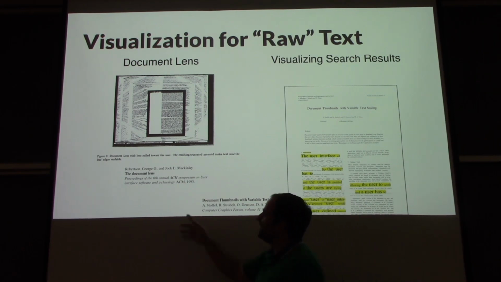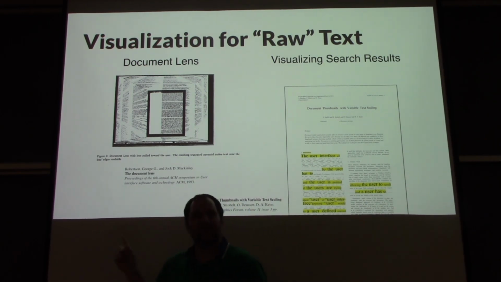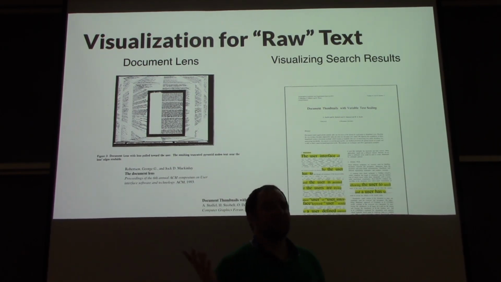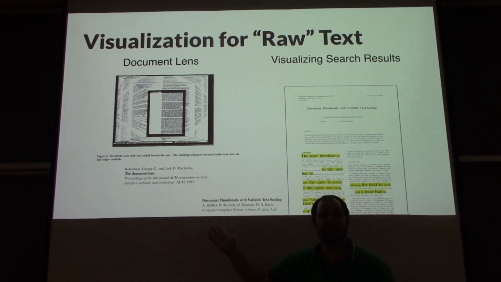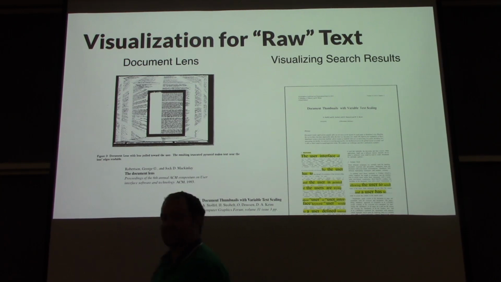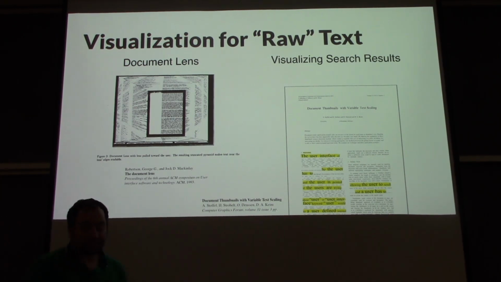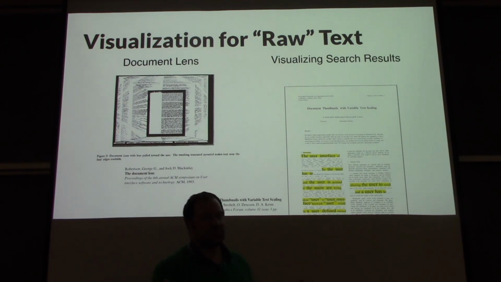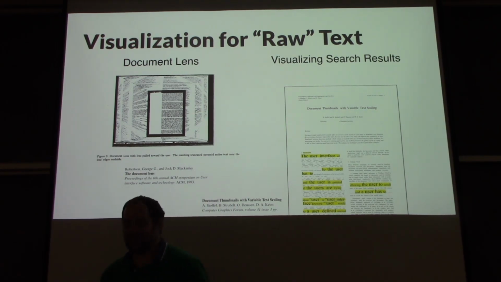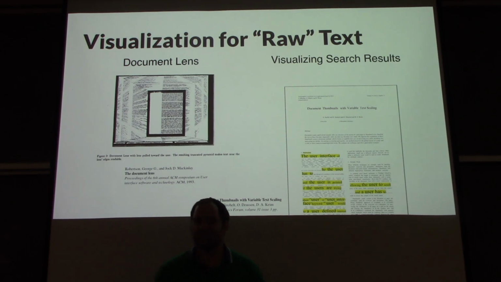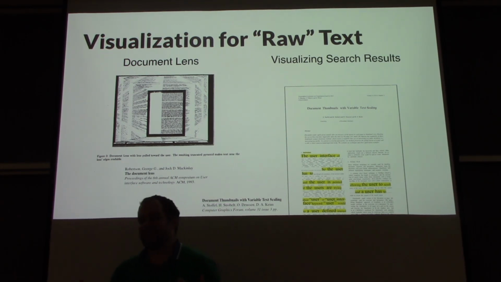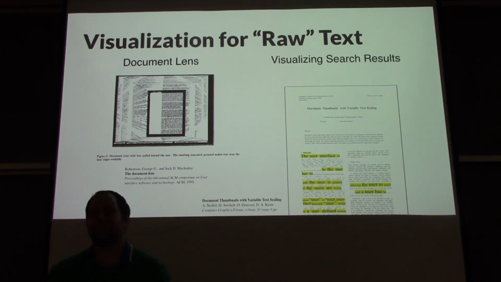This is from 1993, and back then, just doing such a geometric transformation was difficult, and so therefore it's probably a paper, but it doesn't make a ton of sense as a visualization technique. Here is a visualization of search results. I don't know how that happens to you, but it happens to me a lot that I search for something and then I don't find where that word is.